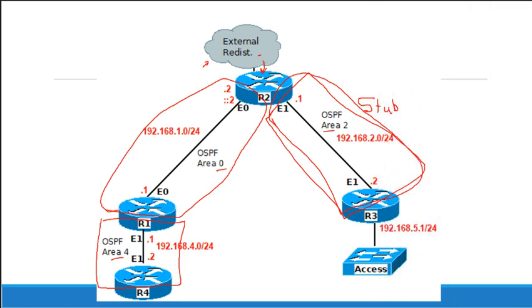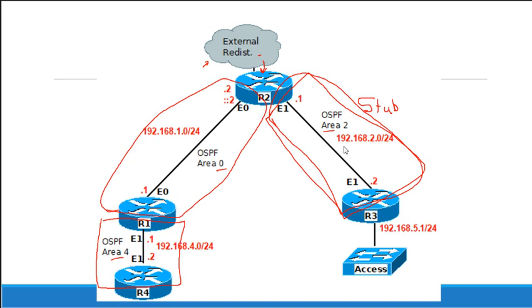Let's go back over to our picture here. And again, 1 is area 0. 4.0 network is area 4. And then here on R2, I'm running basically EIGRP and redistributing that into OSPF.